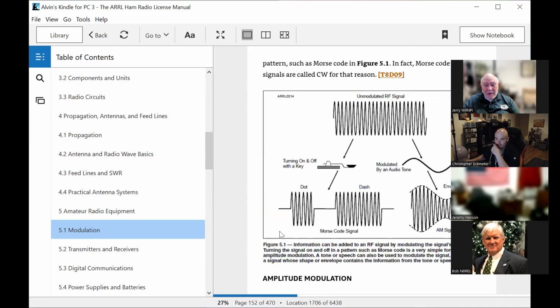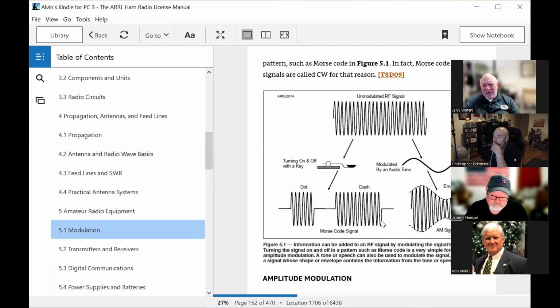So here's the nitty gritty. A dash, or da, is three times as long as the dit or the dot. So dit, da. And then by heterodyning or mixing signals.